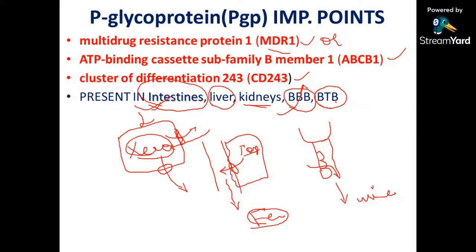In the blood vessels around the testis, these PGPs are present, which will efflux the toxins out. So PGP is present in intestines, liver, kidneys, blood-brain barrier, and blood testis barrier. Among these tissues, mainly P-glycoprotein is expressed on intestines. I think this point is clear to you all.